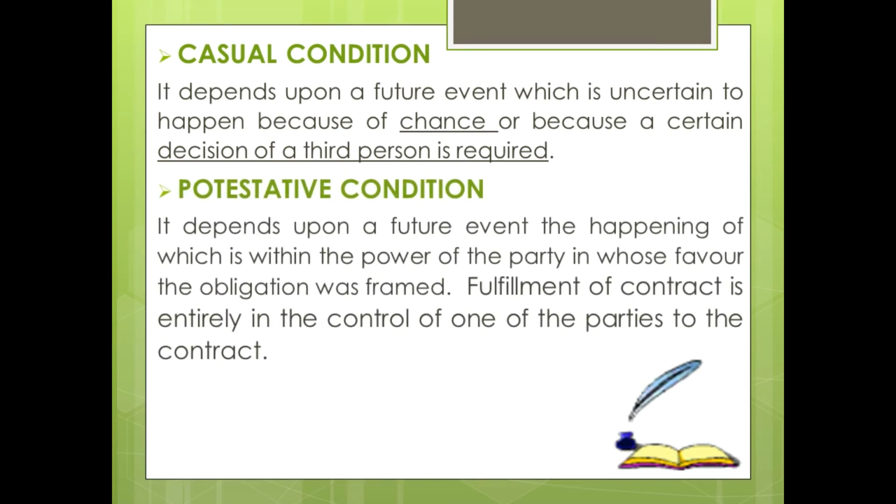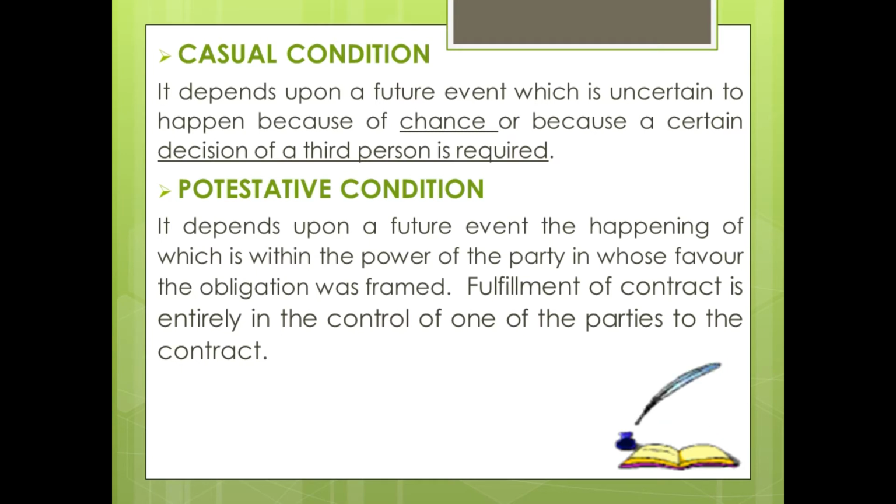Then we have the potestative condition. It depends upon a future event, the happening of which is within the power of the party in whose favor the obligation was framed. Fulfillment of the contract is entirely in the control of one of the parties to the contract.